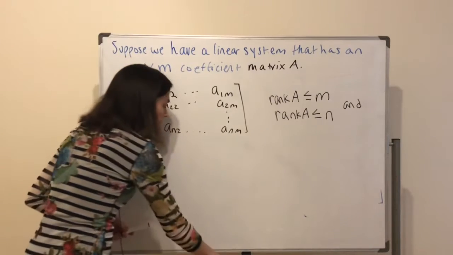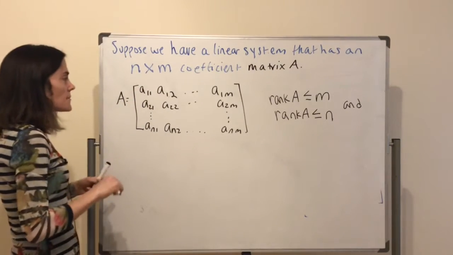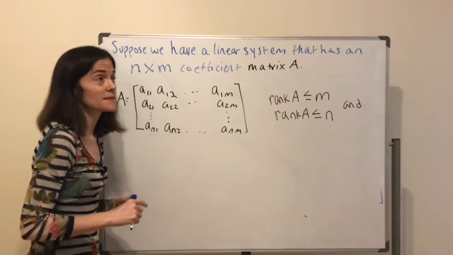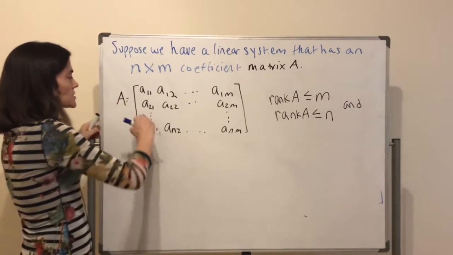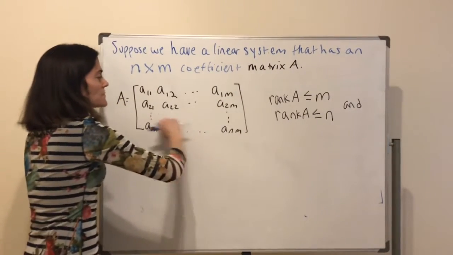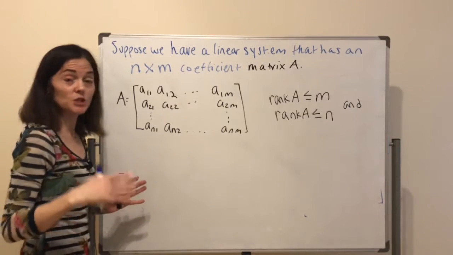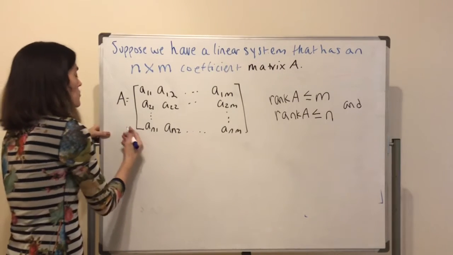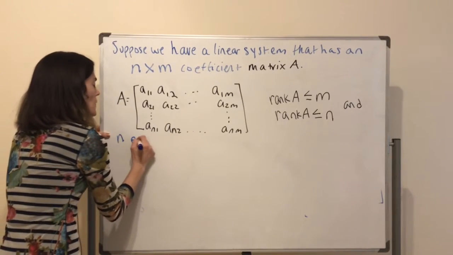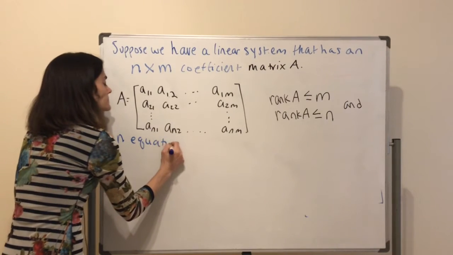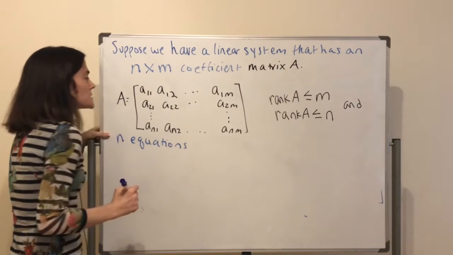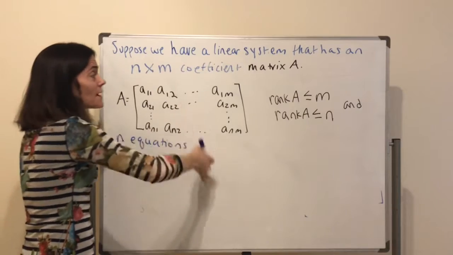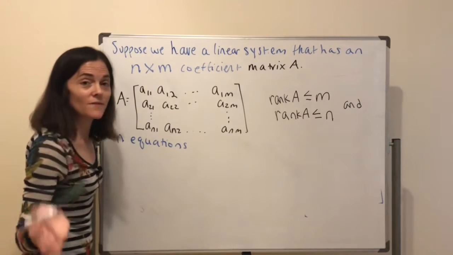Well, we can say more. In fact, let's go back to the linear system. If this is the coefficient matrix, every row of the coefficient matrix corresponds to an equation. We have n rows, so you see we have n equations in our linear system, and every column of the matrix corresponds to a variable.